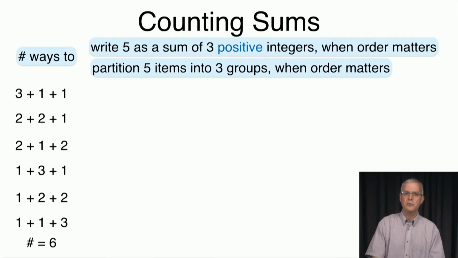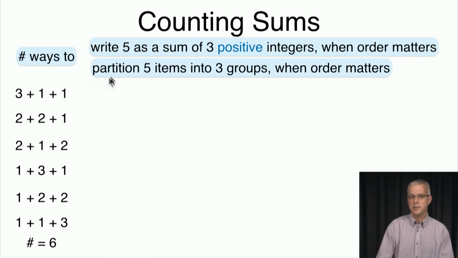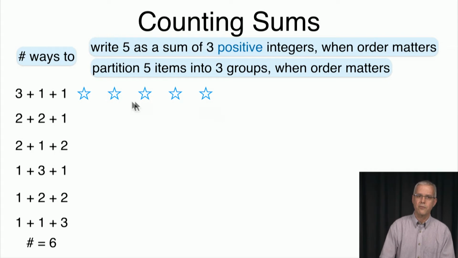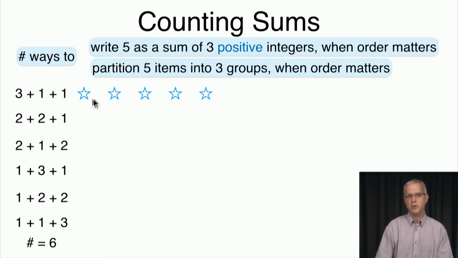So what we can do is show that this number of ways is the same as the number of ways to partition 5 items into 3 groups when the order matters. Okay, so we'll let our 5 items be 5 stars. And when we write 3 plus 1 plus 1, that will correspond to partitioning these 5 stars into 3, and then plus 1, and then plus 1.